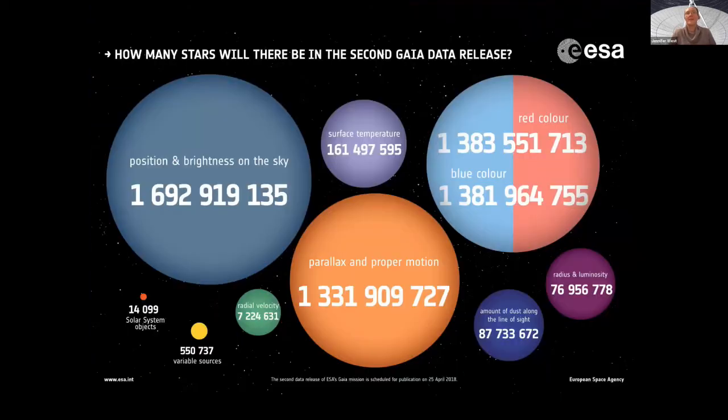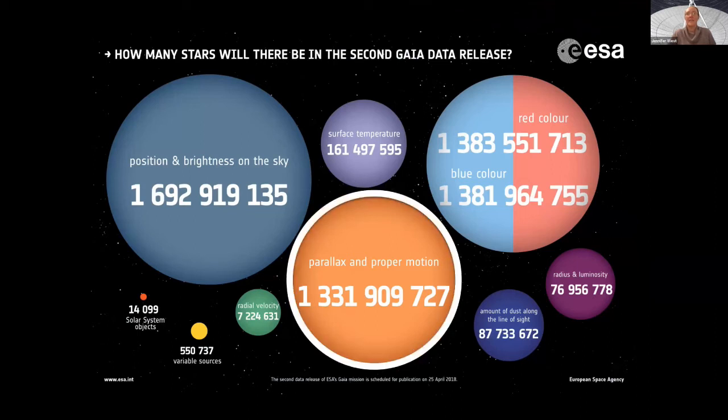This is just a little infographic to tell you how many stars Gaia has looked at. This one in the middle is the important one for what I'm talking about. Over 1 billion stars have had their parallax measured with a very high precision that allows us to know the distance to those stars very well.